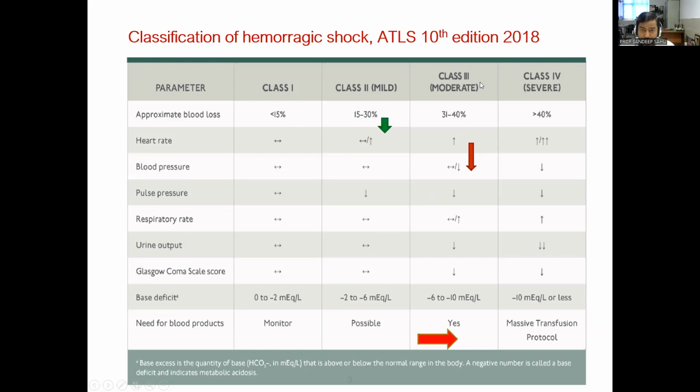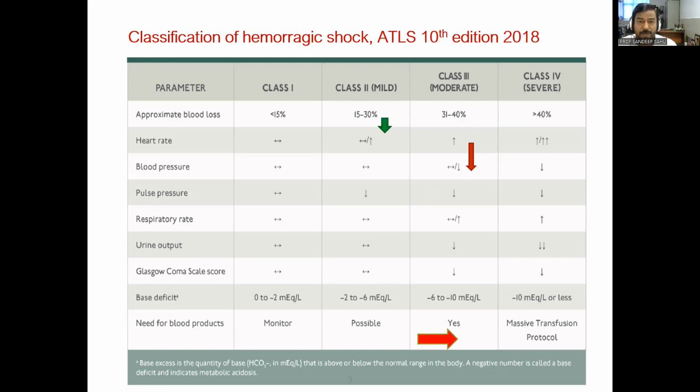But class 3 is established shock, when the blood loss is more than 30%. The patient has tachycardia, and when you find any patient with low blood pressure, this is a patient having grade 3 or 4 or more shock.